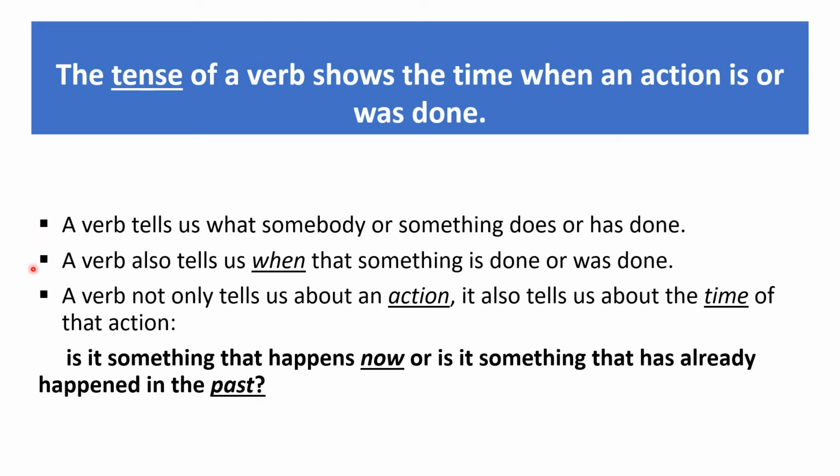In the second part, we see a verb also tells us when something is done or was done. By looking at the verb in a sentence, we can see when that action has been done or is it still happening.